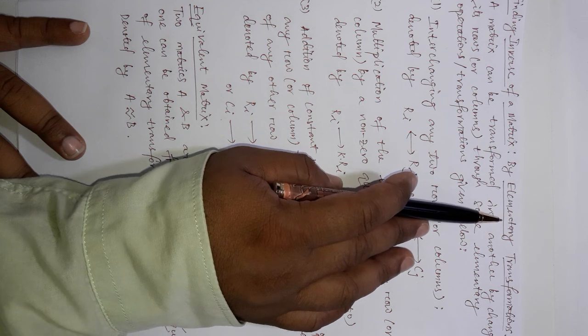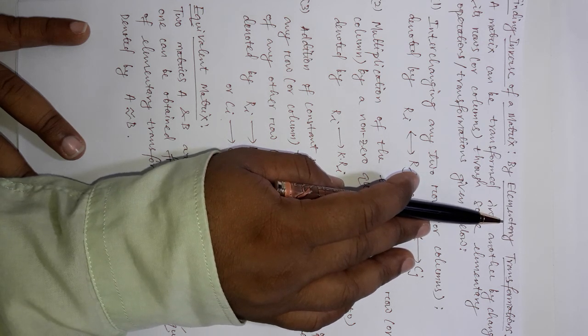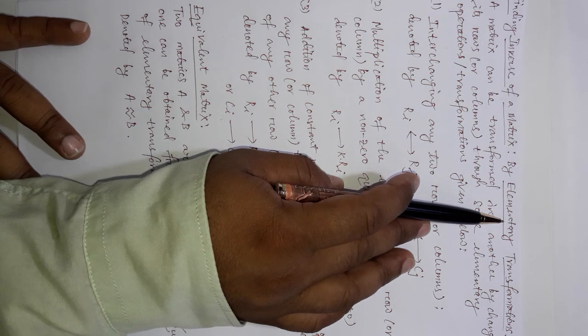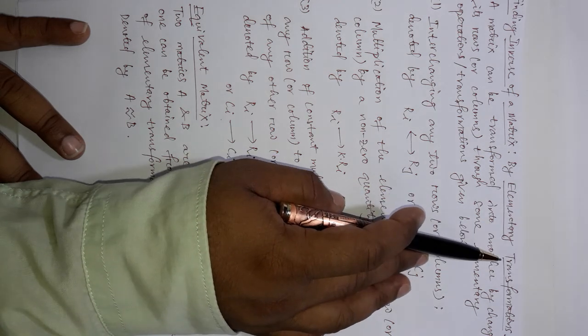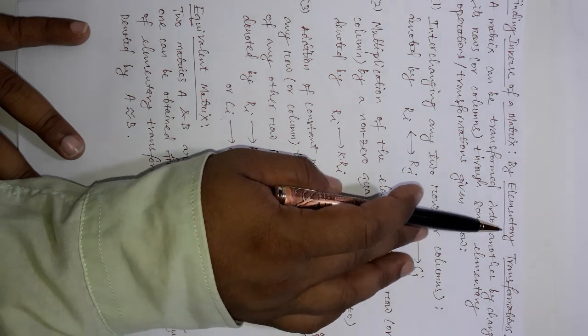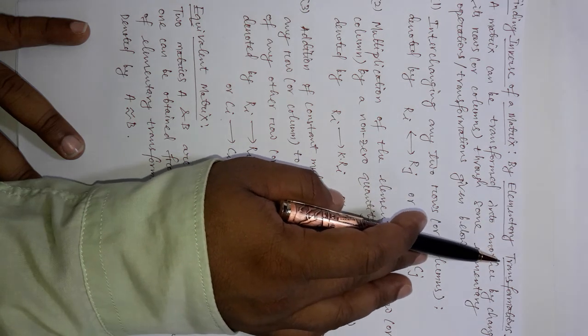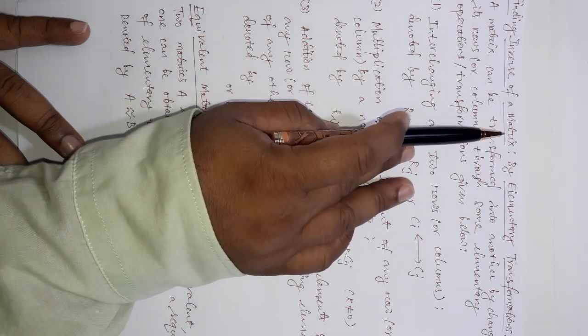If we are changing the form or the look or the numbers or the elements present in the matrix by some operations, then that is called elementary operations or elementary transformations. Through some transformation of elements, we are going to find the inverse of a square matrix.